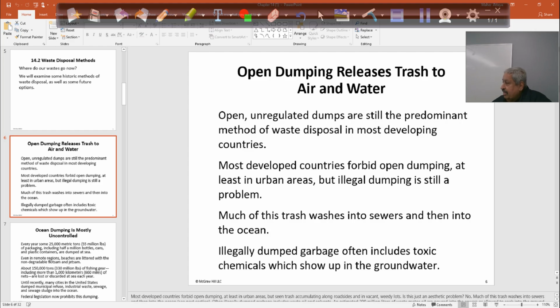We have a lot of open dumping of waste, a lot of trash, and mostly tires. All the tires are dumped there, and empty oil containers for cars, but there is still some residue at the bottom. Most developed countries forbid open dumping, but you always have illegal dumping, still a problem.